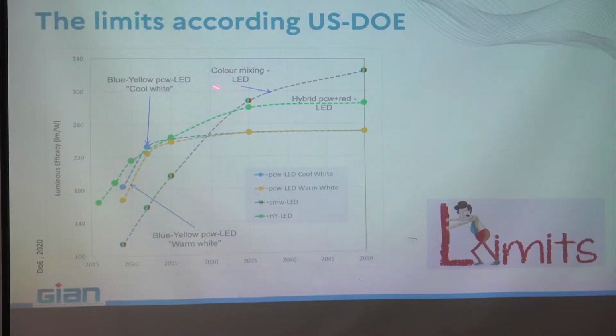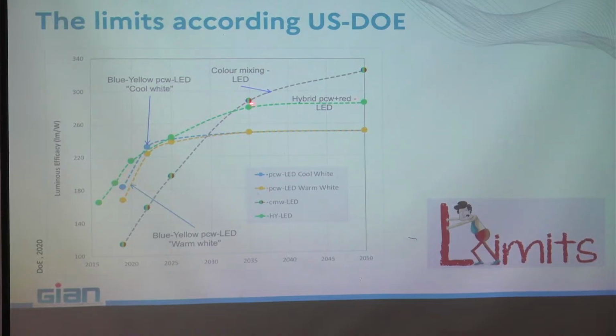If you take here, that one, the yellow line, is blue-white, and this is for warm white. Warm white today is a little bit less efficient than cool white, but we expect to achieve the same values later. And then you have other technologies.